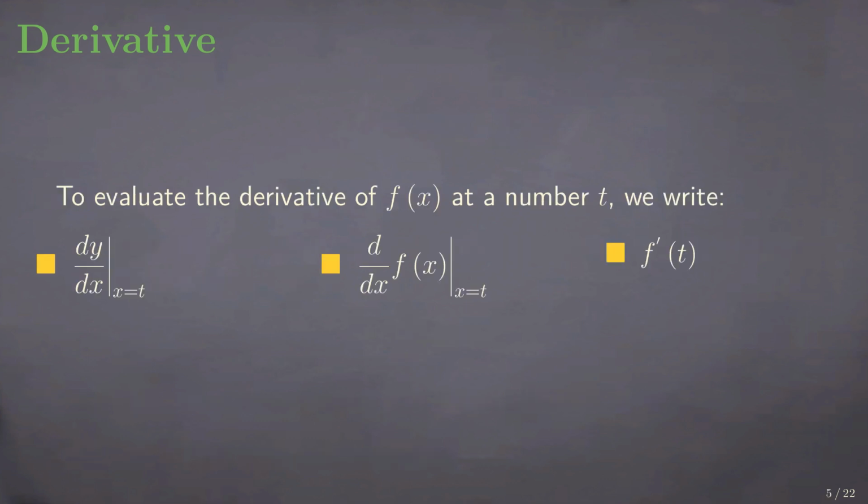To evaluate the derivative of f at a number t, we might use one of the following interchangeably: dy over dx with subscript x equals t, and similarly for the other Leibniz notation, or we might simply write f prime of t.